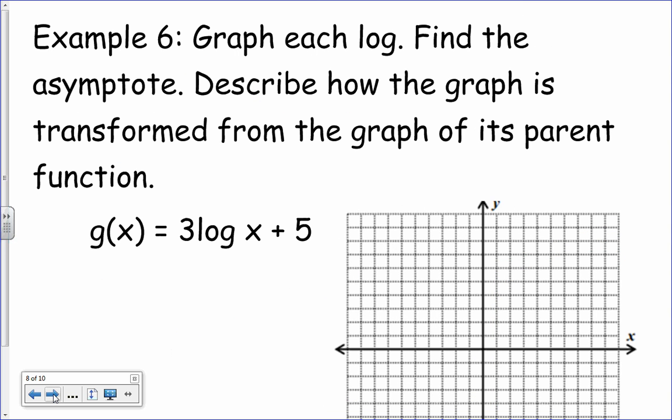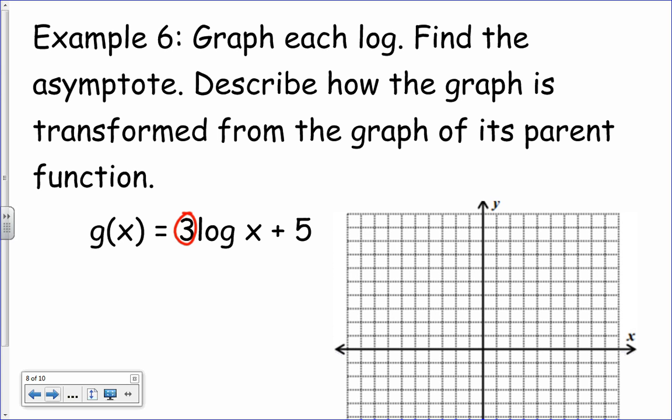All right, let's look at example 6. Same thing. Go back to y equals, clear your stuff out. We're going to graph it. Describe how it's transformed, find the asymptote and all that. So let's graph it first. We've got 3 log of x, close that parentheses behind the x and put plus 5.